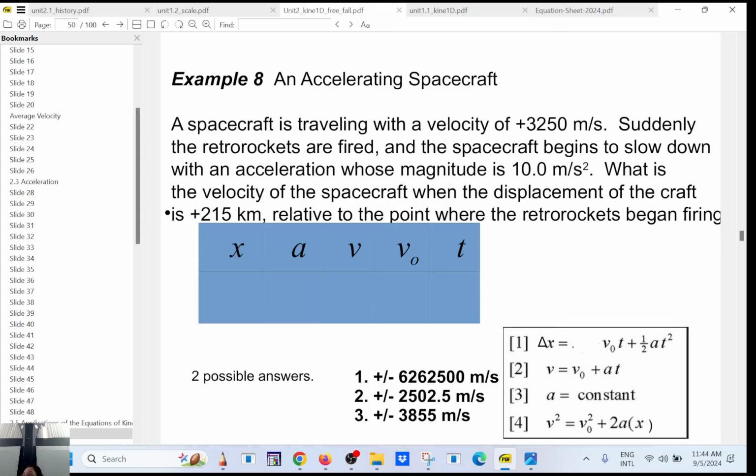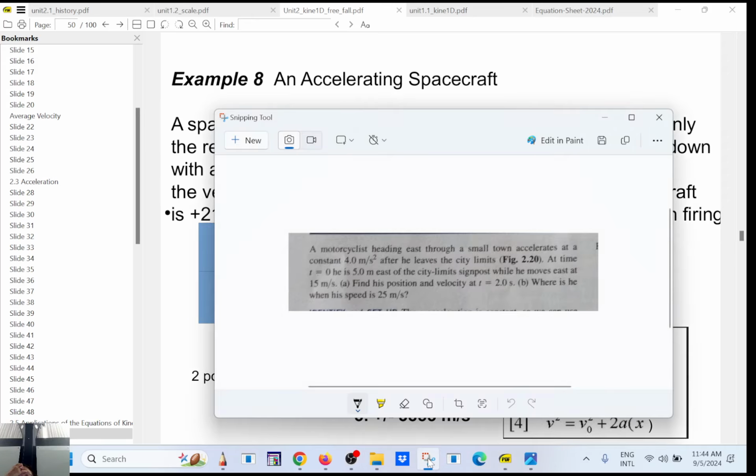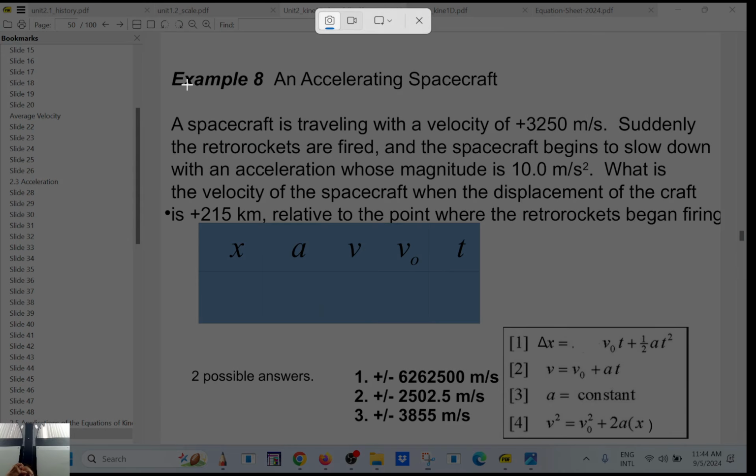Because acceleration is a vector. So the acceleration will be left, right? So it's slowing down. So I need to have a negative sign, right? So it's twice tricky. So first thing, you make a drawing, and they want the displacement.